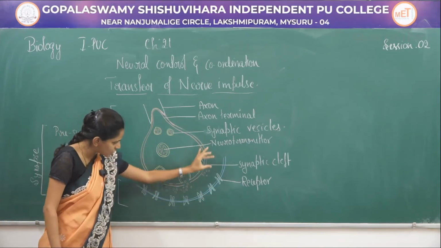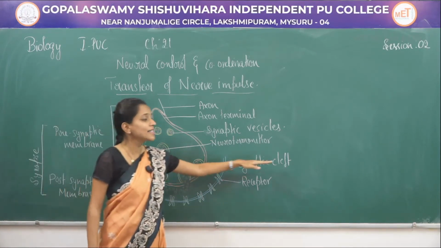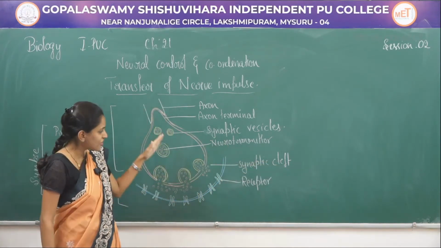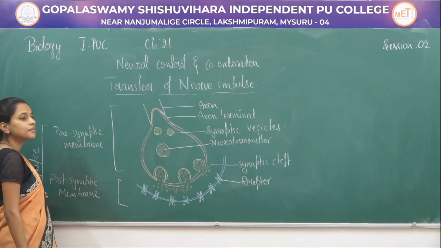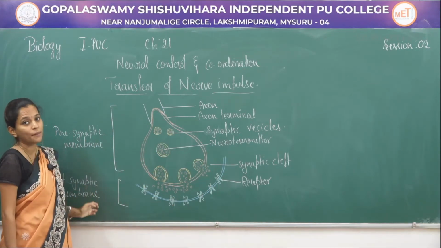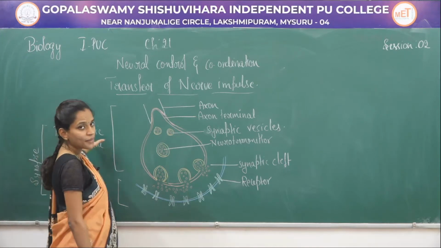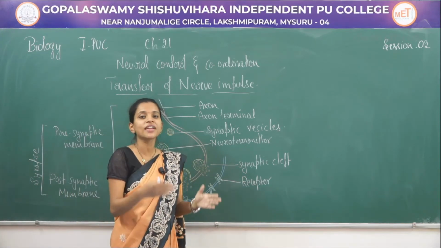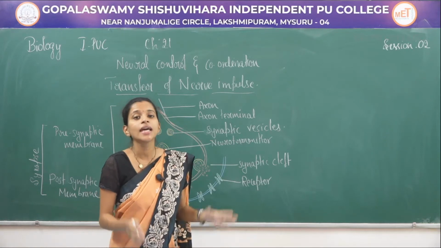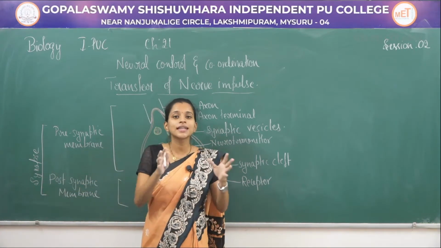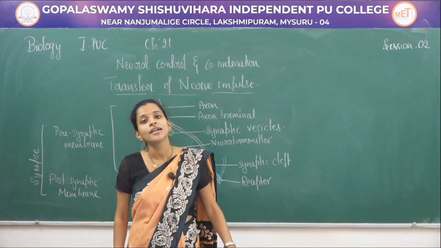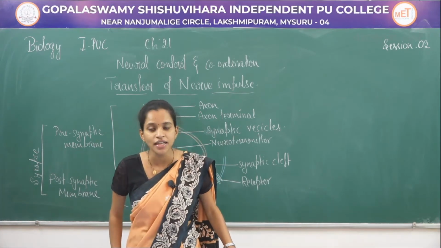Then comes a space in between, called the synaptic cleft, after which there is once again a membrane, called the post-synaptic membrane. So a presynaptic membrane, a synaptic cleft and a post-synaptic membrane together form the synapse. A synapse is necessary for transmission of the nerve impulse.